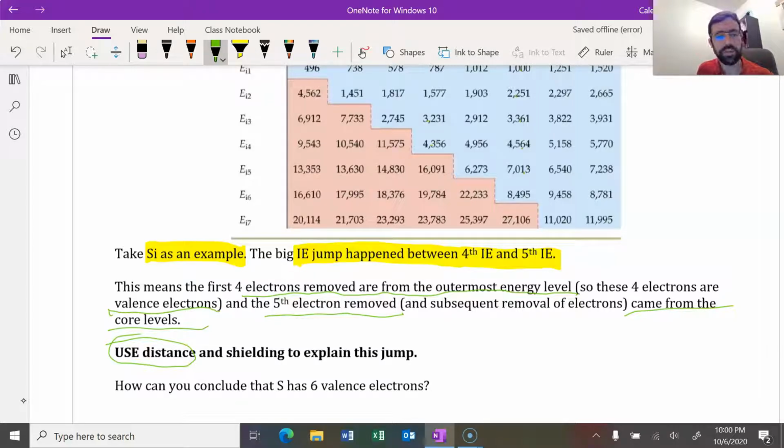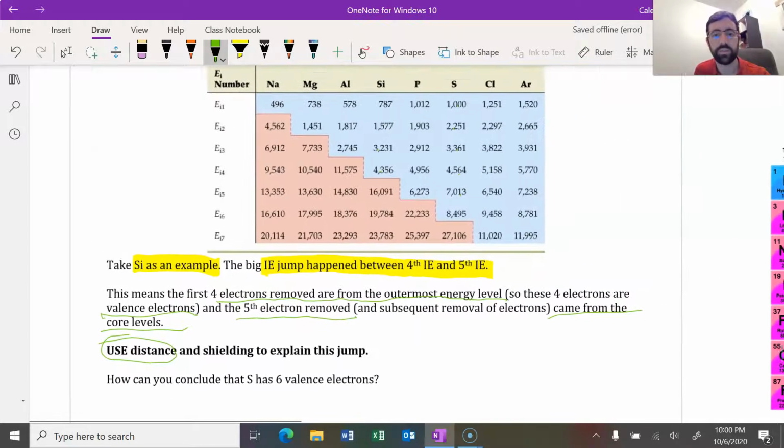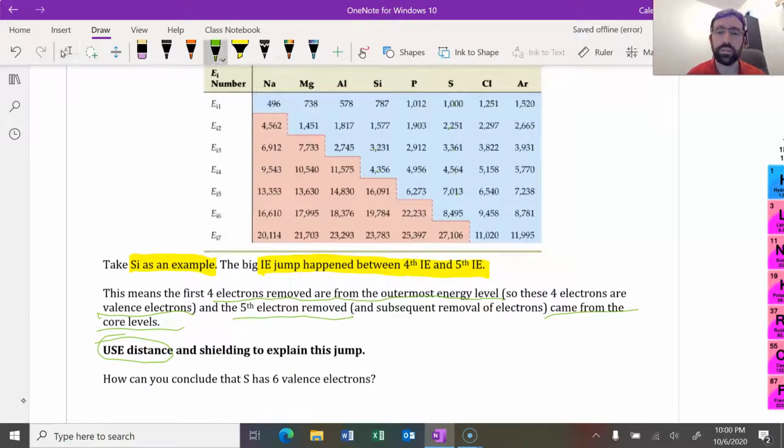How can you conclude that sulfur, S, has 6 valence electrons, looking at this table? So we find sulfur. Well, this is an increase of 1,251 when we take away our second electron. It's about 1,000 more to take the third one. It's about 1,000 more to take the fourth one.